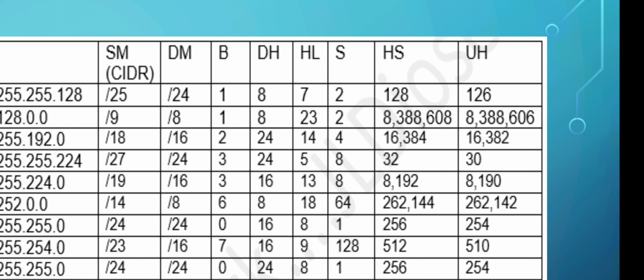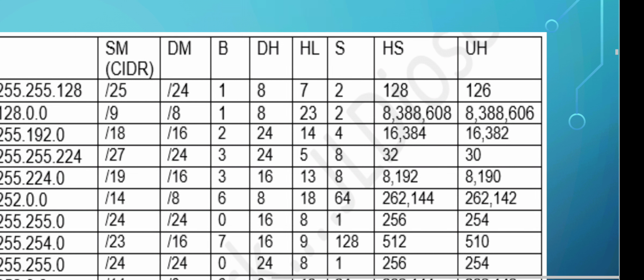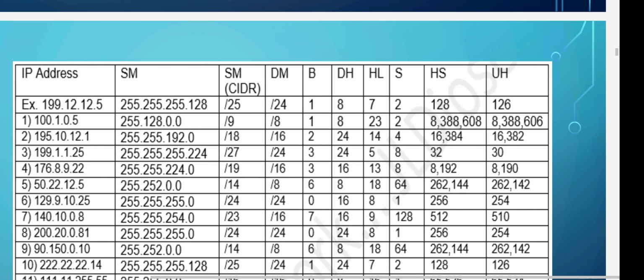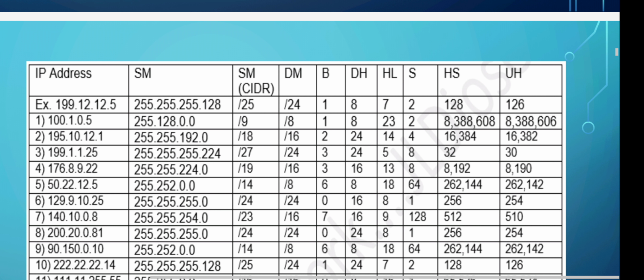and upon calculating the subnets, how many subnets there are, you need to get the borrowed bit 1 and substitute it to 2 exponent B. So the equation of number 1 is 2 exponent 1.